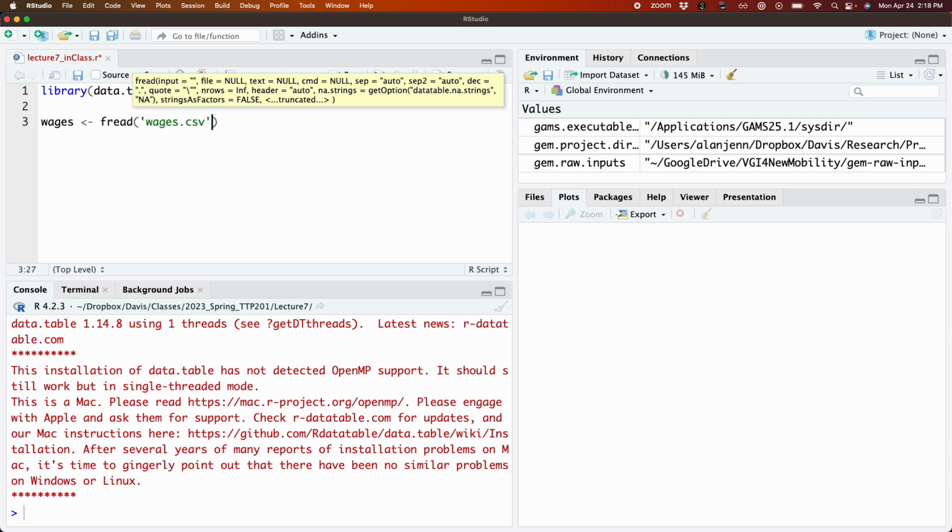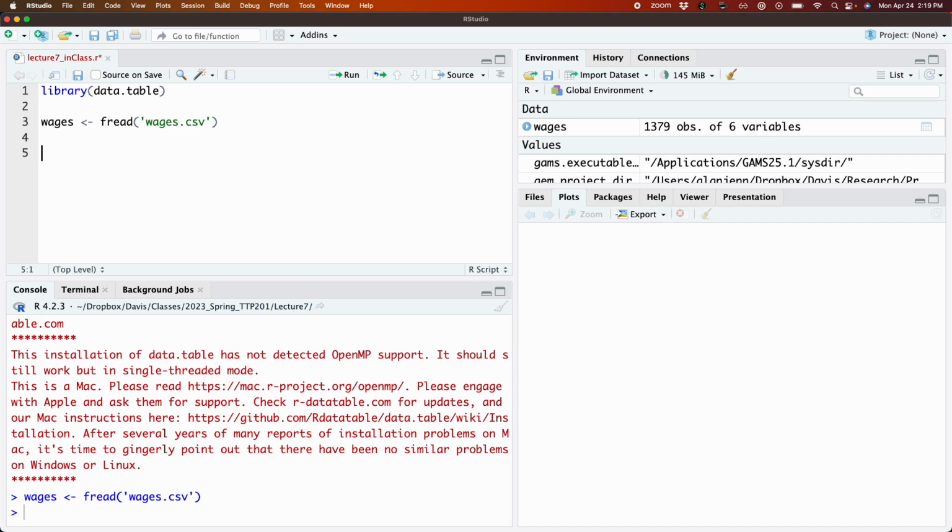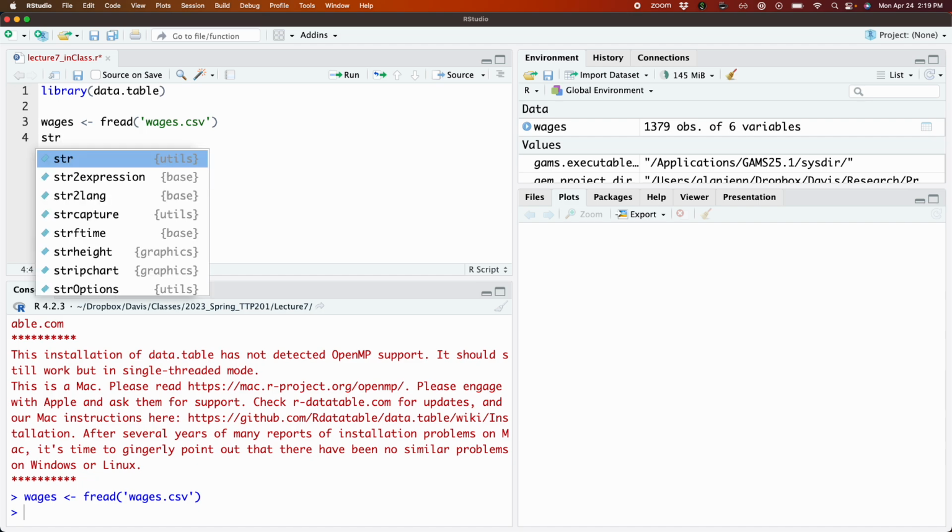We're going to use the same wages file as we did last time.